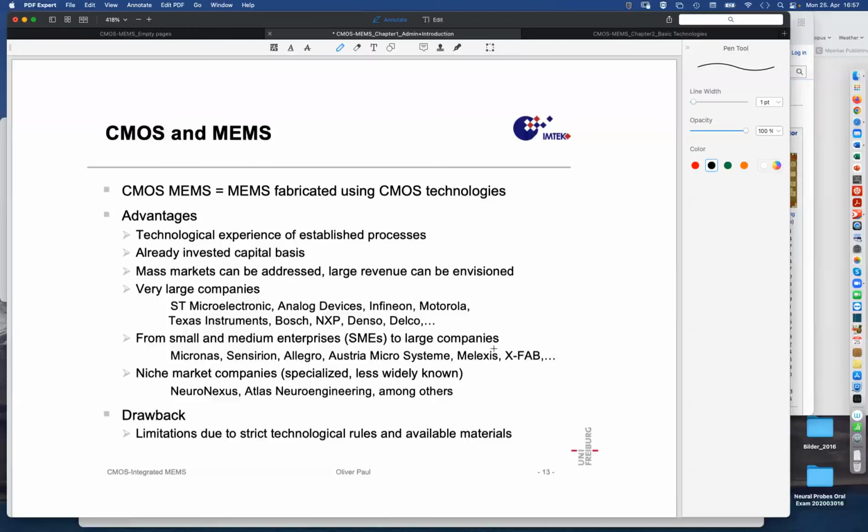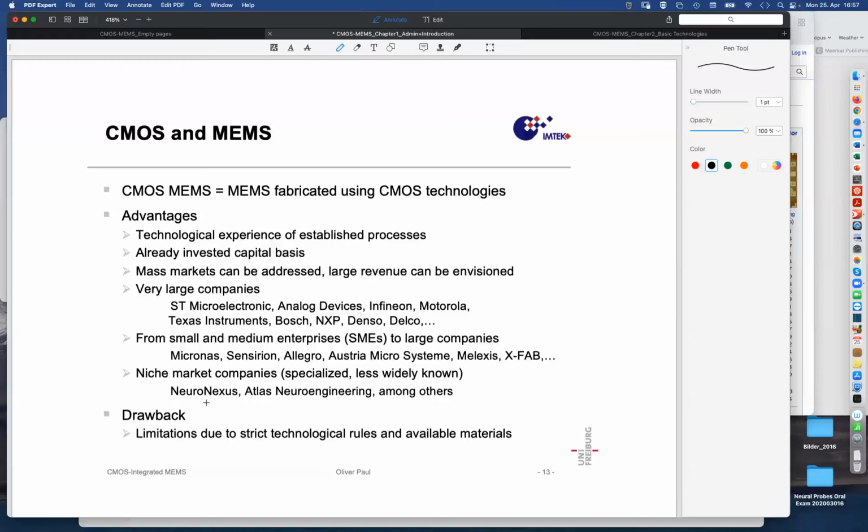offer to many customers. And then there are really niche market companies that are less well known. Neuronexus and Atlas Neuroengineering, for instance, are two companies who produce neural probes. They make a living of producing neural probes. Now, that's not a mass market. There's not so many people who need to stick a probe in their head.